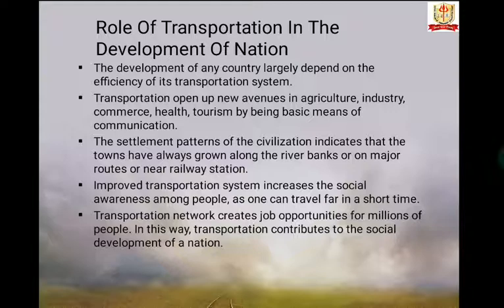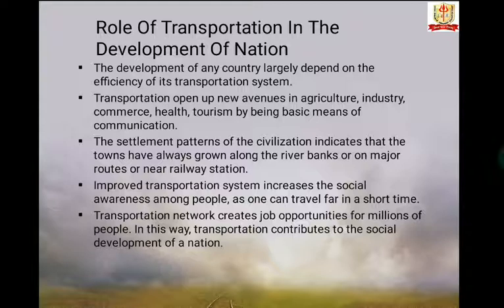So transportation opens up new avenues of job facilities in agriculture, industry, commerce, health, tourism by being a basic means of communication. The settlement patterns of civilization indicate that towns have always grown along the river banks, on major routes or near railway stations.